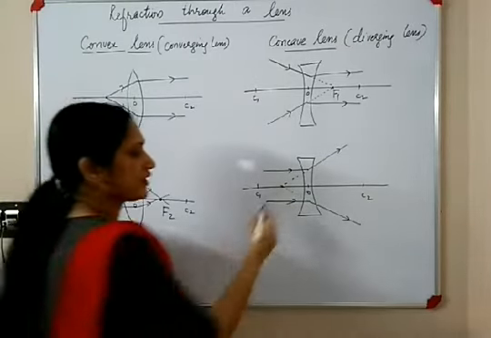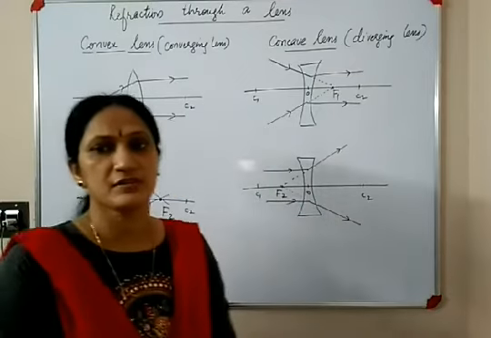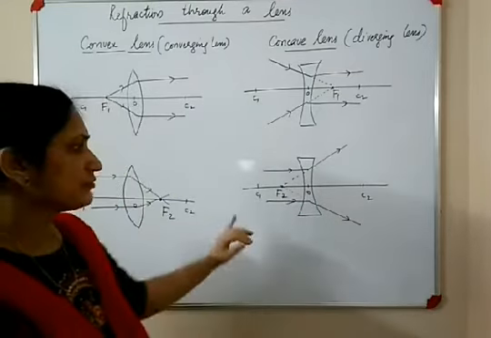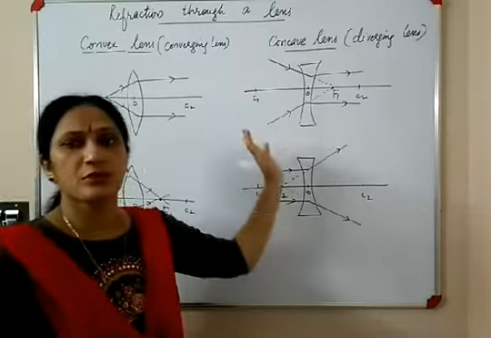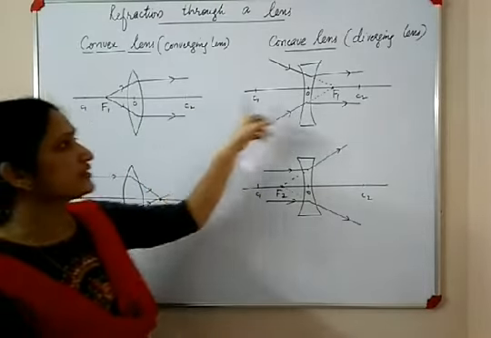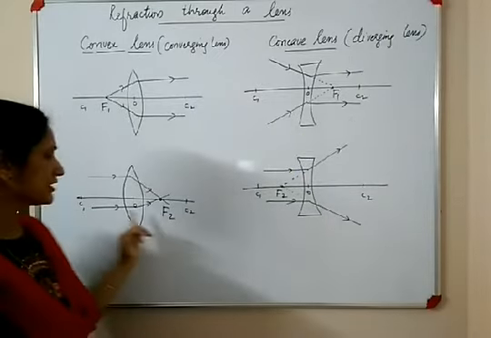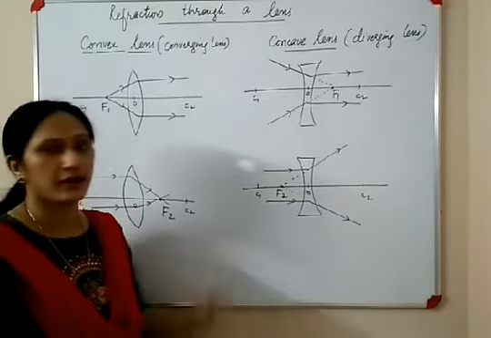That point is known as the second principal focus of the concave lens. So, for the definition of first principal focus, remember the emergent rays are parallel. For the second principal focus definition, incident rays are parallel.